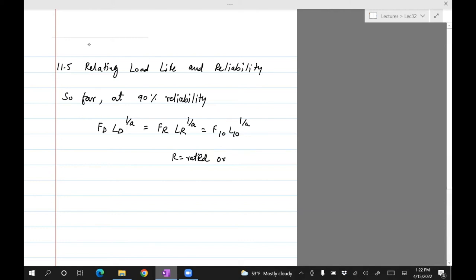Rated is also the R10, L10, or the F10, so it's really synonymous. This is something which is available in the catalog, given in the catalog as a spec. So this is the number which you'd use in order to choose the bearing.